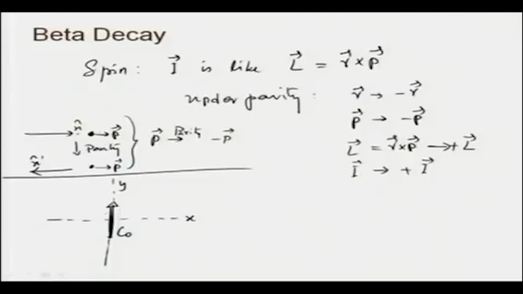And let us say there is an electron which is coming out in this direction in the third quadrant. After the beta decay of the cobalt, it goes down to the nickel, which is also aligned in the same direction. So, the electron is coming out in this direction anyway.